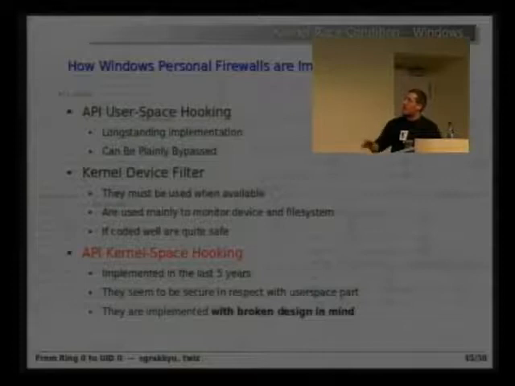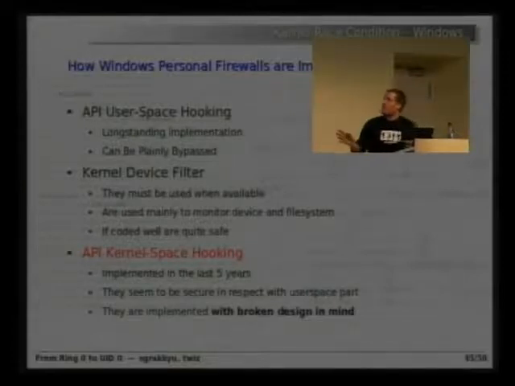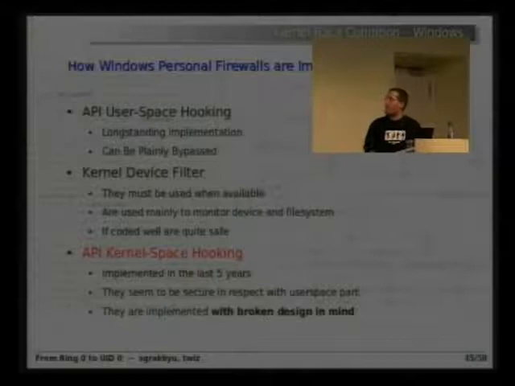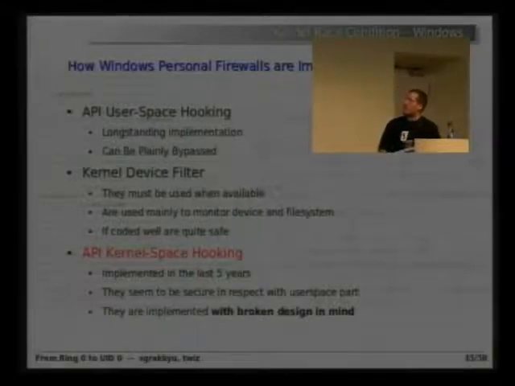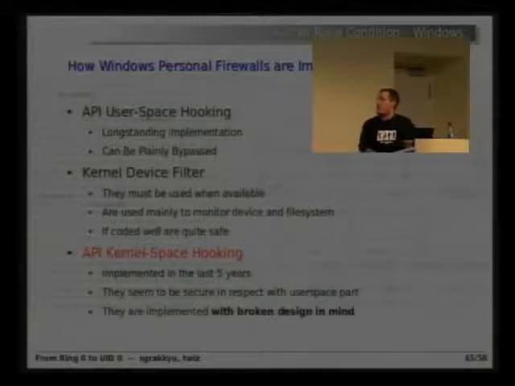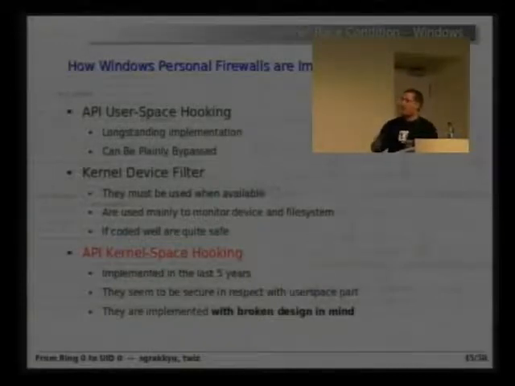This is a brief history of how these products manage to protect the Windows system. User space API hooking is no longer used. Kernel device filters are used to monitor devices or the file system, and are placed deeper in the kernel and don't deal with user space, so this is quite safe.